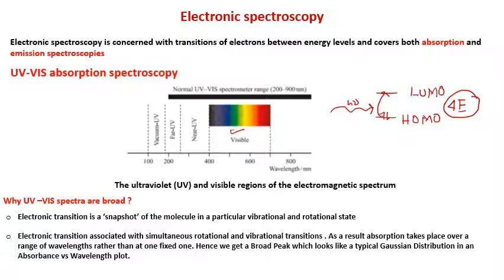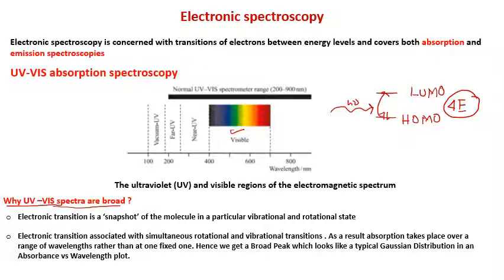That is why in the UV spectra we observe a very broad spectrum, not a line-like spectrum. So this is the point to remember, why UV spectra are very broad in nature.